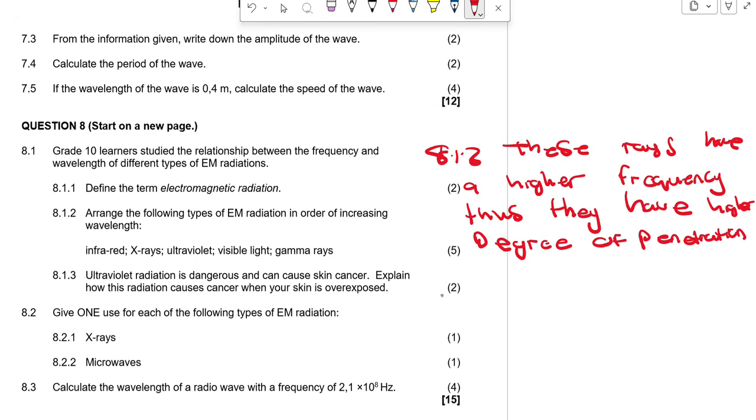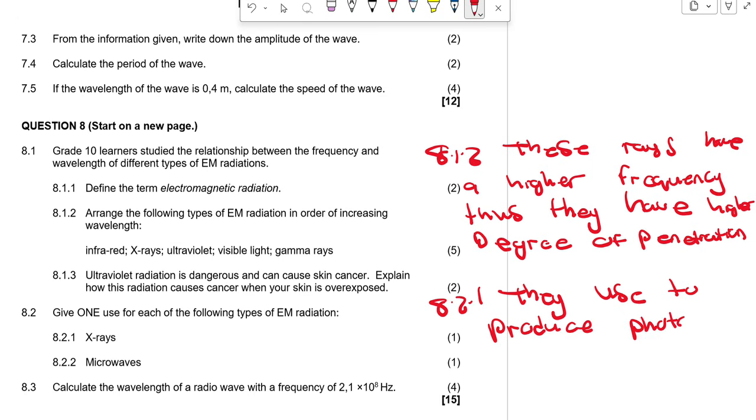So 8.2.1, you know what X-rays are used for? They are used to produce photographs of internal organs, such as bones.